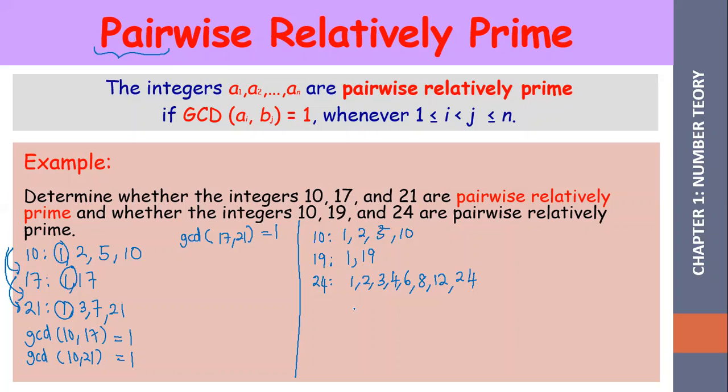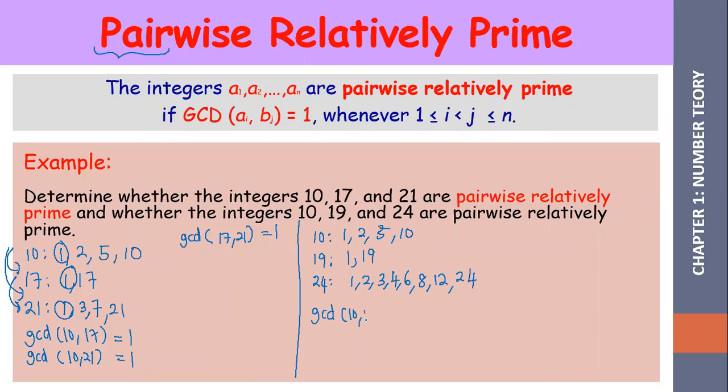24 divided by 1, 24. 24 divided by 2, 12. 24 divided by 3, 8. 24 divided by 4, 6. So like I said, you have to do one by one, no choice.